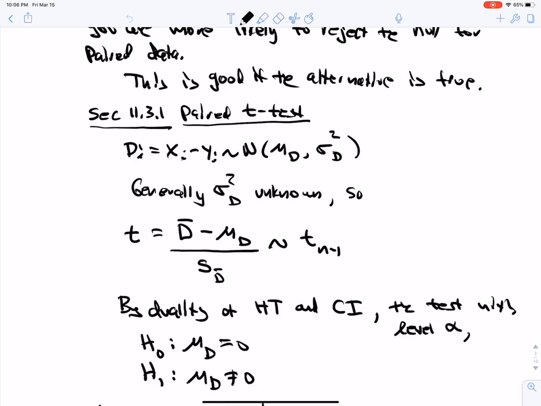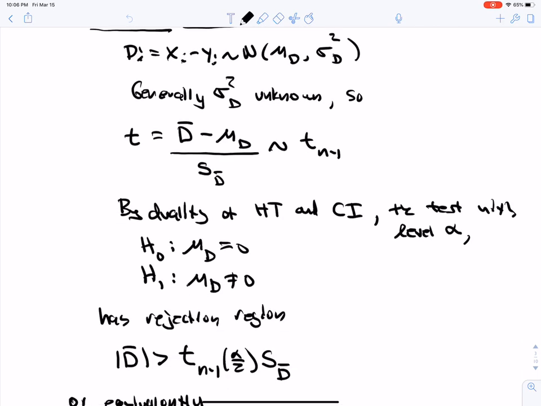So when we look at this ratio, d bar minus mu d over the standard error of d bar, this is a t distribution with n minus 1 degrees of freedom, just as usual.